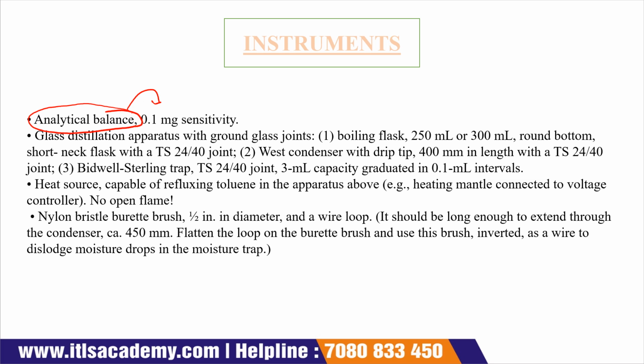We also require a glass distillation apparatus with ground glass joint. The first one is a 250 ml or 350 ml boiling flask, a round bottom, short neck flask with TS 24/40 joint.